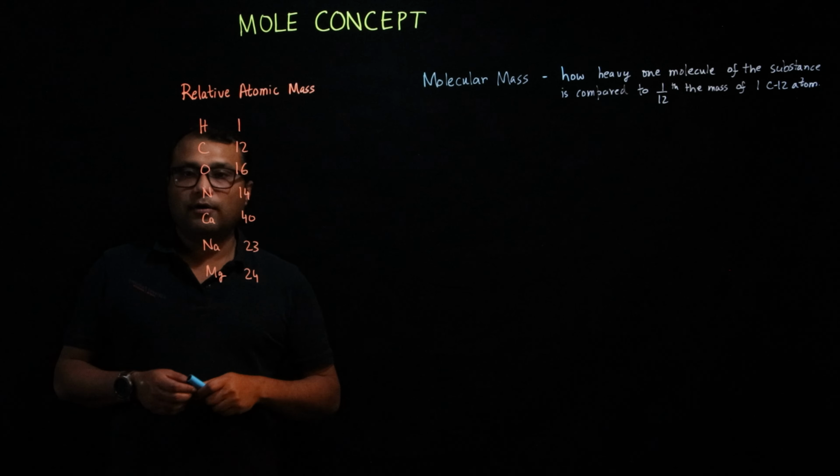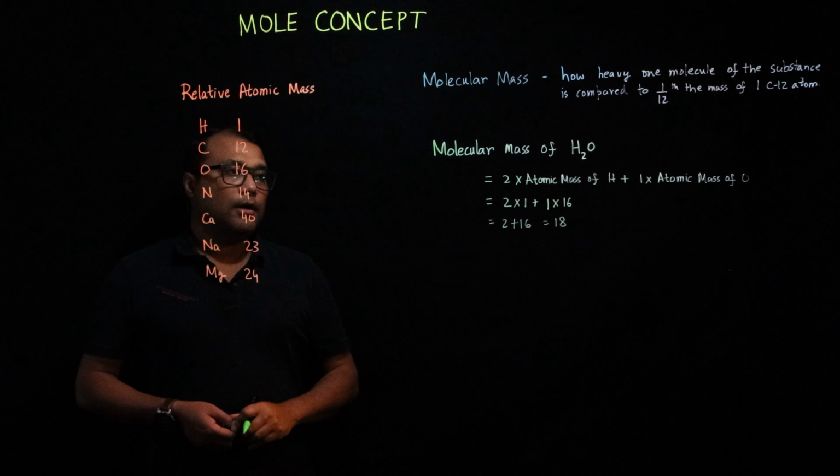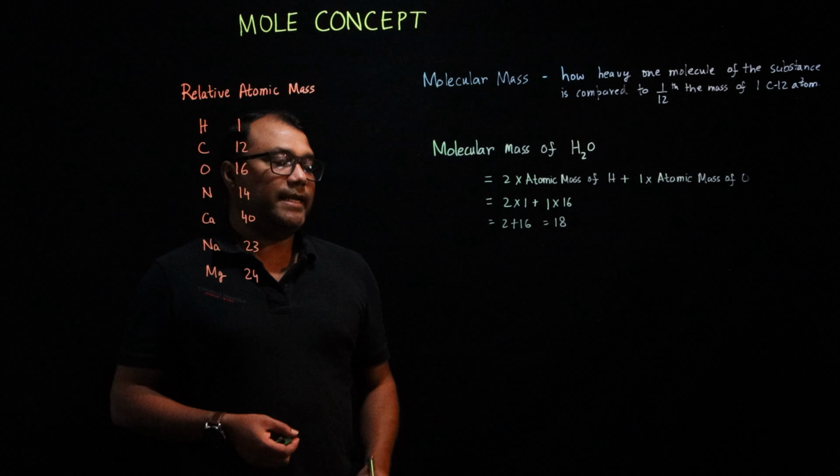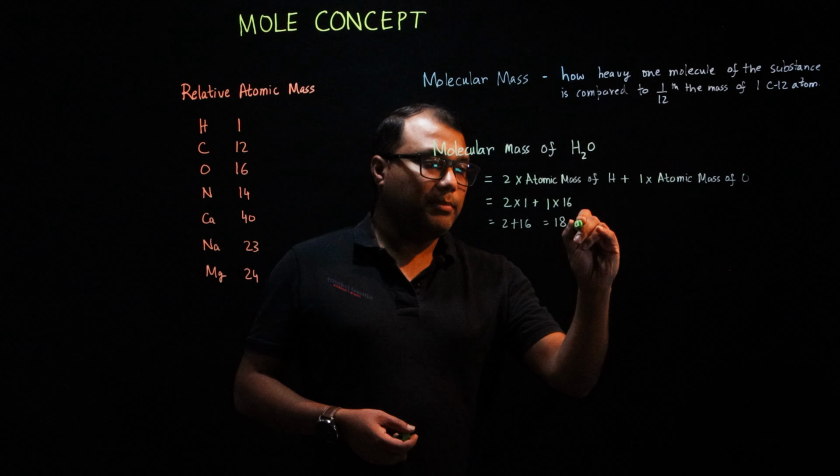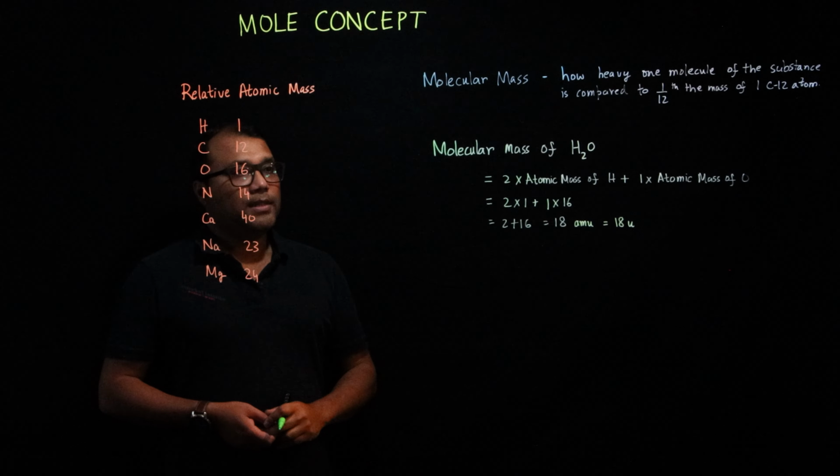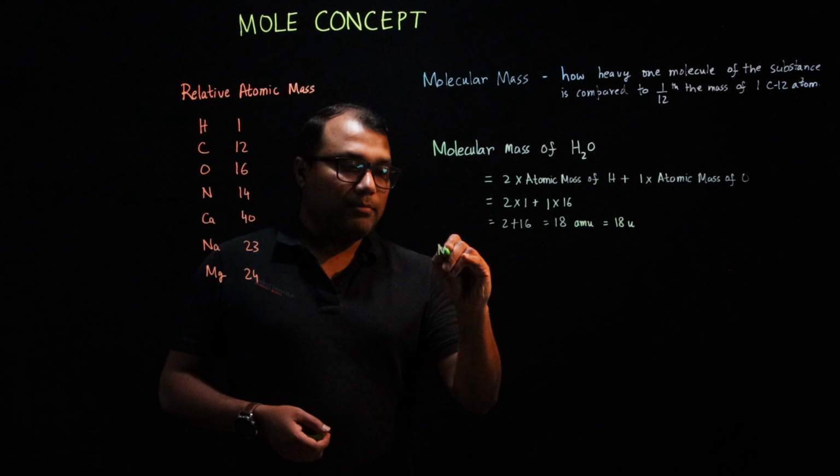What is the atomic mass of hydrogen? It's 1. And what is the atomic mass of oxygen? It's 16. So this is 2 plus 16 or 18. Now it's not enough to just write 18, we should also write atomic mass unit, or this can also be represented as 18 u.